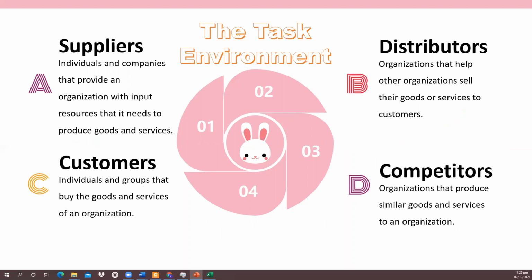Kumbaga, pwedeng same industry or same kayo ng product pero may mga uniqueness lang, kumbaga meron kayong advantage or meron silang advantage. You can produce similar product with special features lang. So for example, sa mga kape, ang magkokompetensya ay si Starbucks and then si Coffee Bean or Coffee Project, like that.